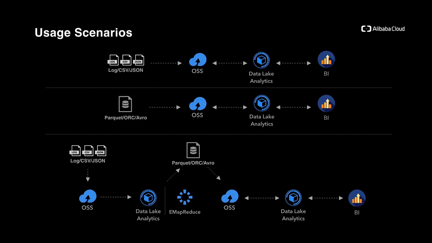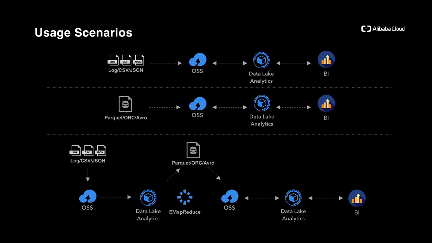Some other customers prefer a performance optimized data format. So think of Parquet, think of ORC, think of Avro. They do the format conversion offline, transforming their logs, CSVs and JSONs into the performance optimized data format, and upload those into OSS. In a very similar manner, they run DLA on top of OSS and connect DLA to select BI products. And some other customers actually do both in the cloud directly.